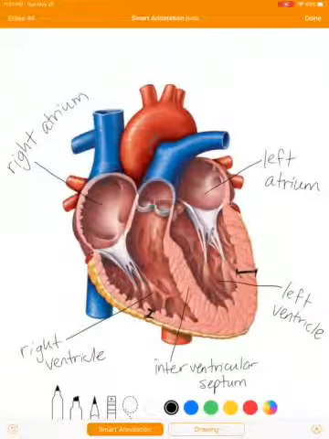Okay, so there are two structures or valves that separate the atrium from the ventricle on each side of the heart. And those valves are called the AV valves. Okay, so we have the right AV valve here, this valve right here.